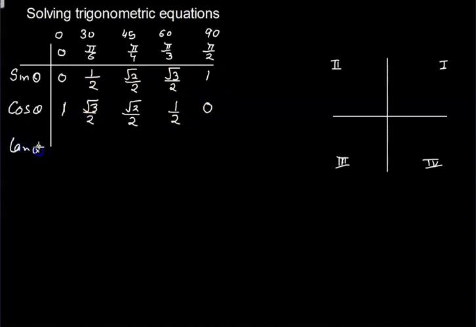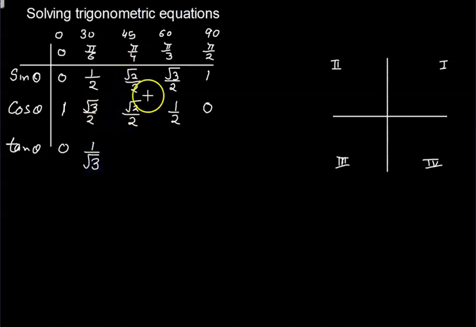And then tan theta. Tan theta is nothing but the ratio of sine theta and cos theta. We know that tan theta equals sine theta over cos theta. So use this relation to find the values of tan theta. 0 over 1 is 0. 1 half over square root 3 over 2 gives you 1 over square root 3.